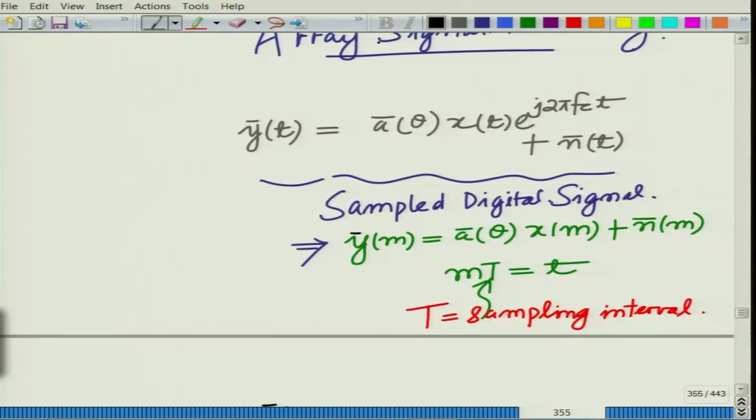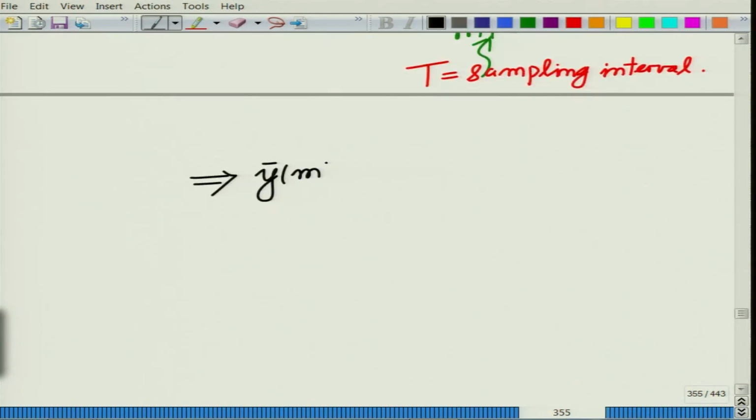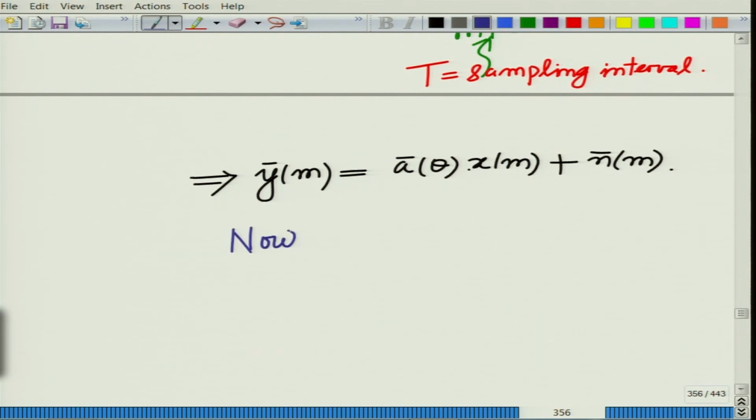Let me make this correction, this is a vector: y bar of m equals a bar of theta times x of m plus n bar of m. And now if you have multiple signals, let us consider p targets.